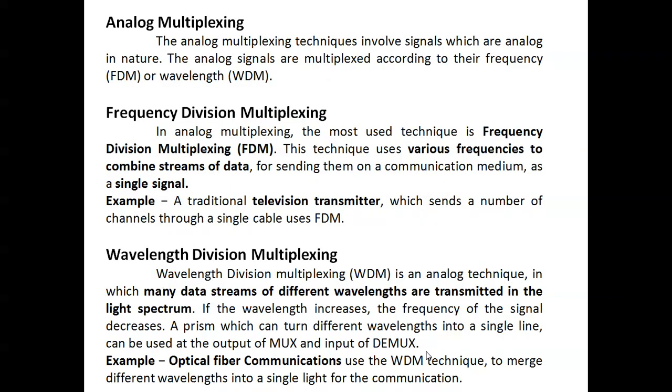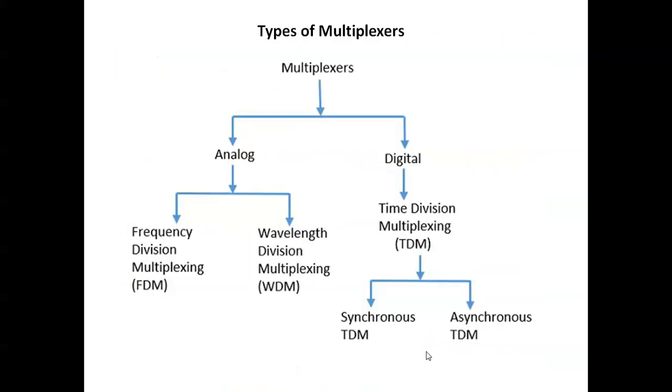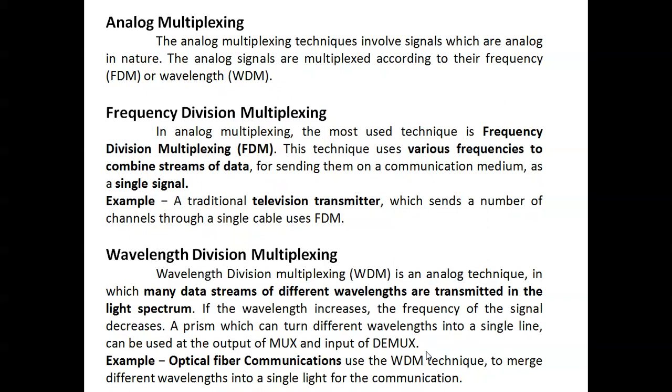Analog multiplexing techniques involve FDM and WDM, since we know that signals are natural. In frequency division multiplexing, various frequencies are combined in a stream of data and sent over a communication medium as a single signal.